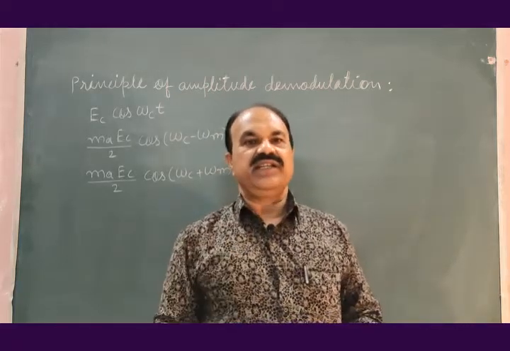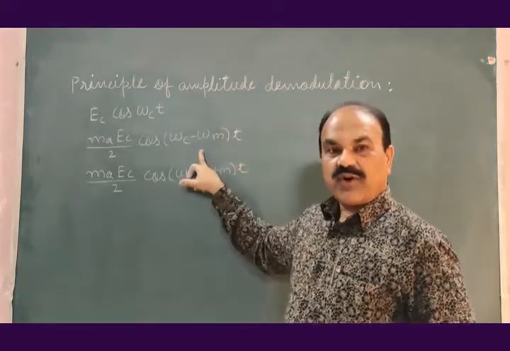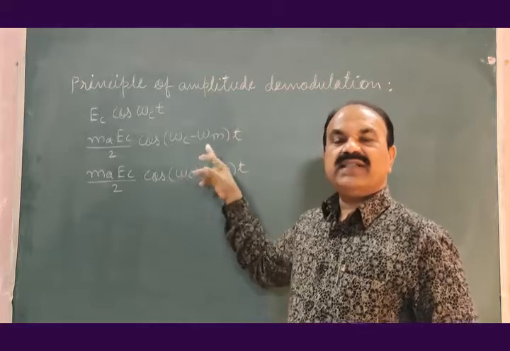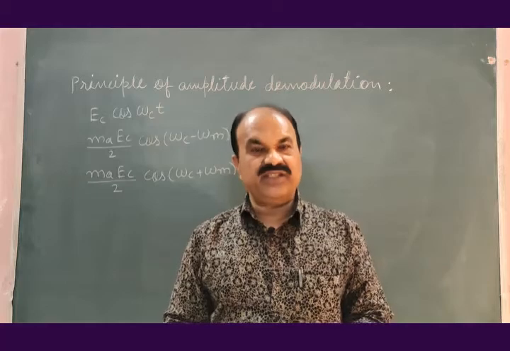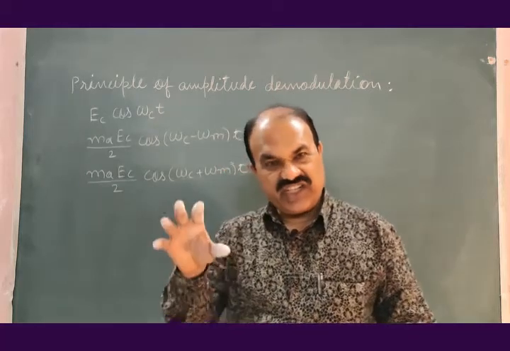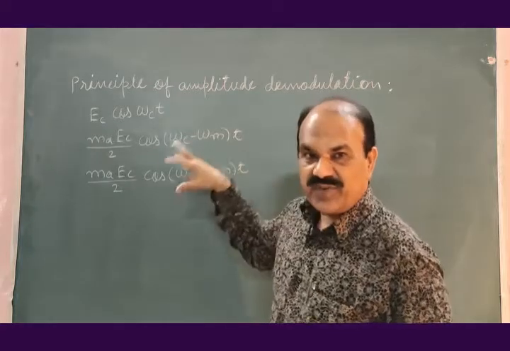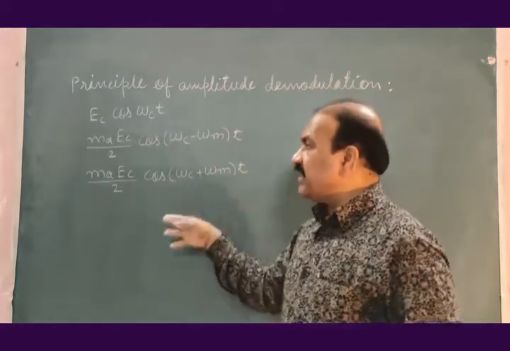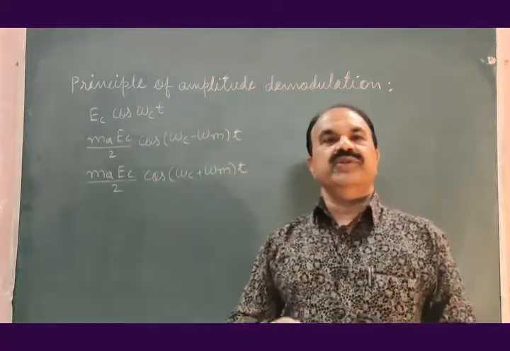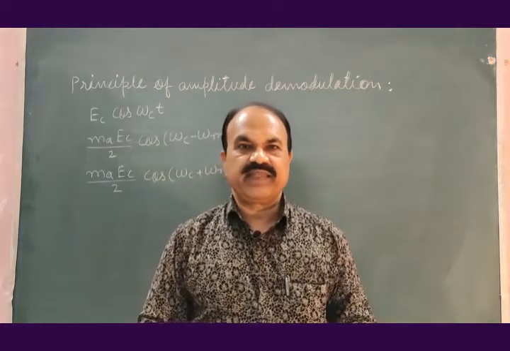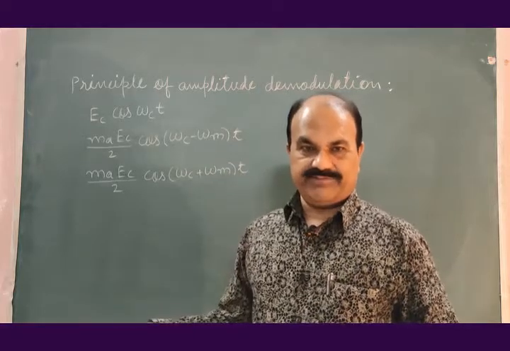You need a circuit which can extract omega m from the lower sideband or from the upper sideband. We need a circuit which can recover the information omega m either from the lower sideband term or the upper sideband term.